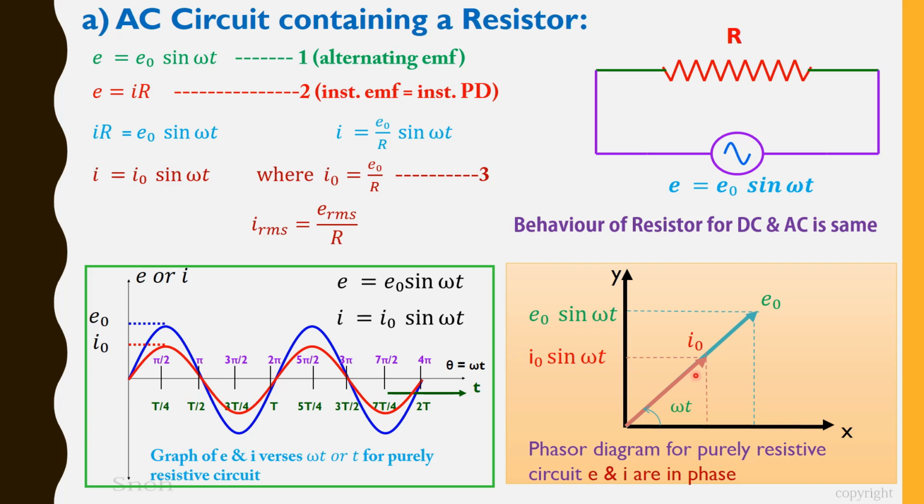In the phasor diagram, EMF and current are along the same line. Here we are drawing it by taking x and y axes, but you can directly draw this along the x axis also. In a purely resistive circuit, EMF and current are in phase. Zero phase difference means they are in phase.